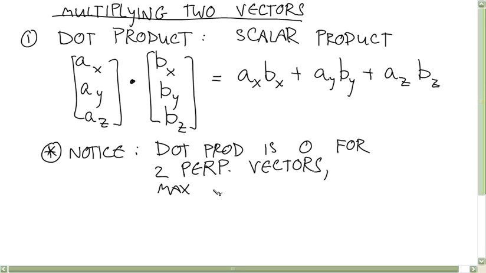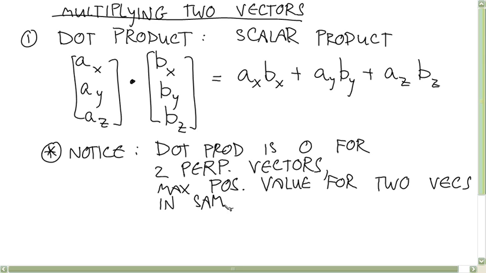It has its maximum positive value for 2 vectors in the same direction.